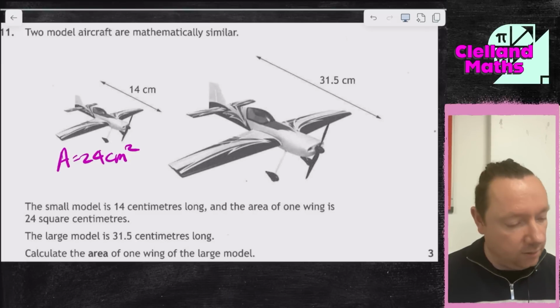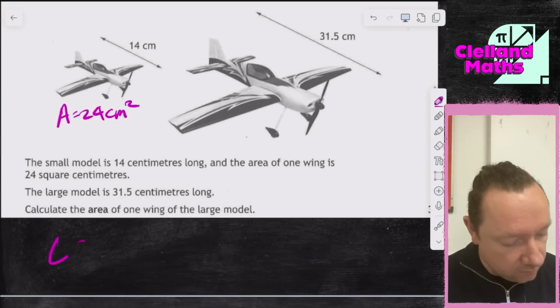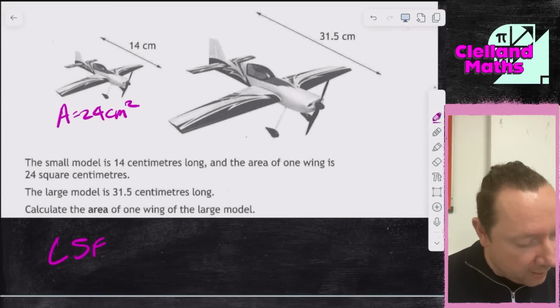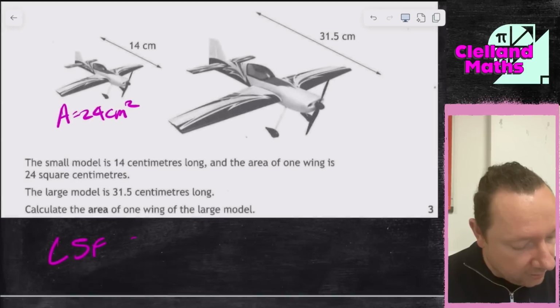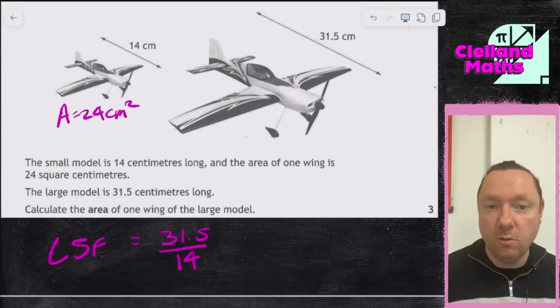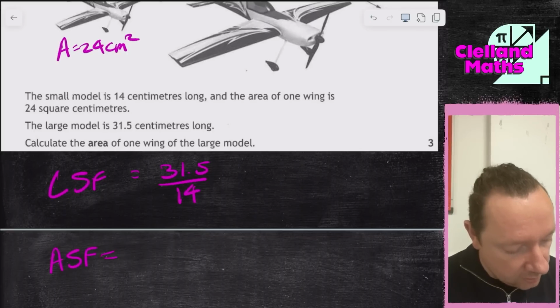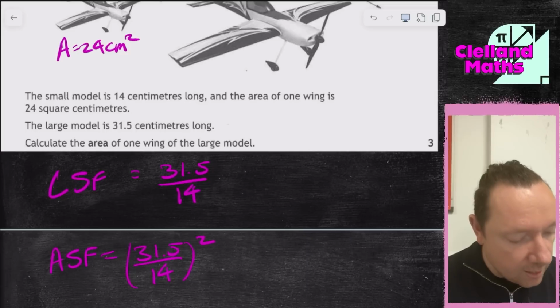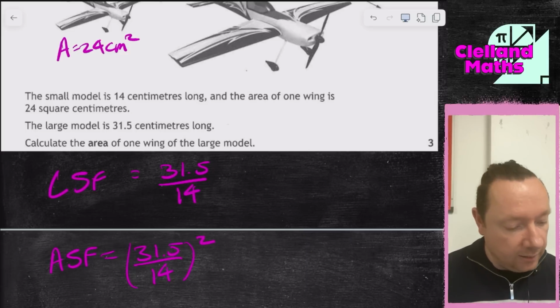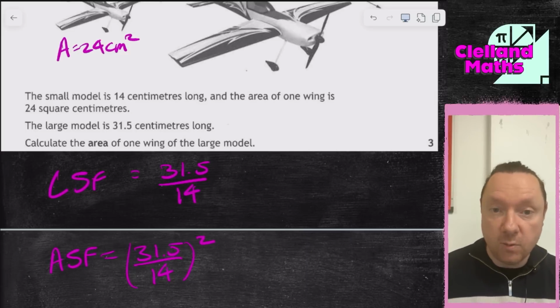Well, this is a scale factor. So the linear scale factor, I want to find it in the big one, so I do the big side divided by the small side. Now I don't need to work this out, so I'm just going to leave it like that. That means that the area scale factor is 31.5 over 14 all squared. So to get my new area, I take my area scale factor and times by my small area.